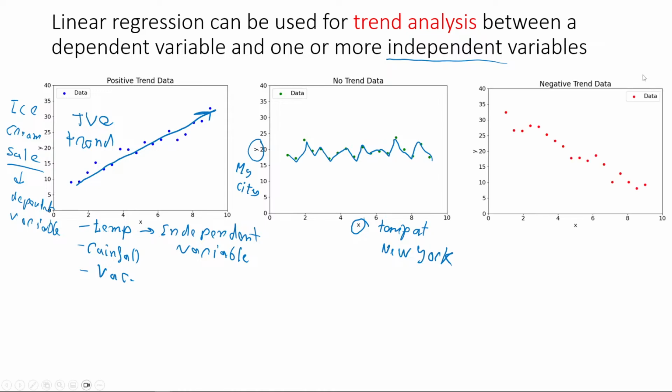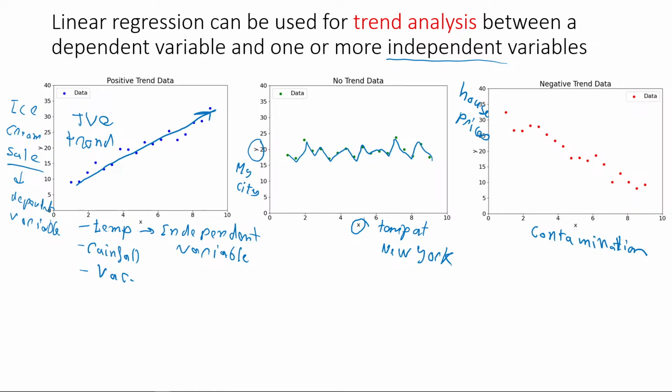You could also have a negative trend. Negative trend means this is my independent variable and this is my dependent variable. For example, this is contamination and this is house prices.